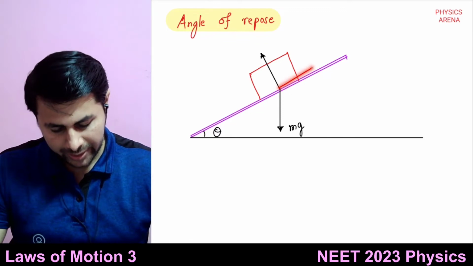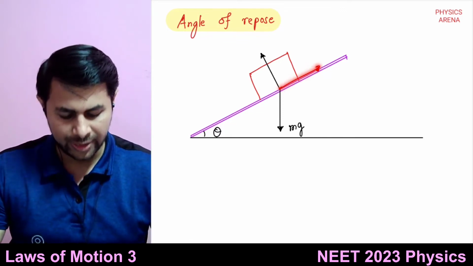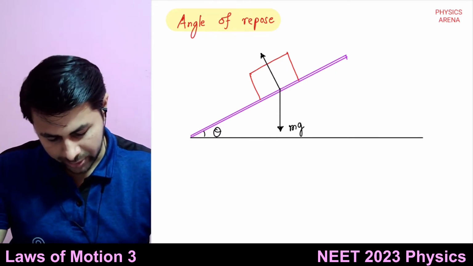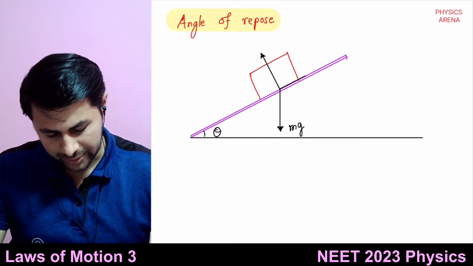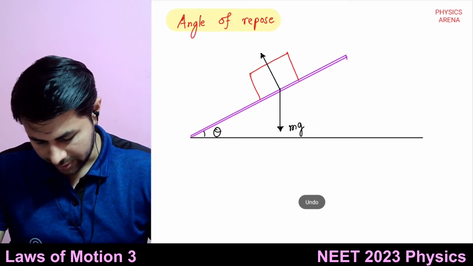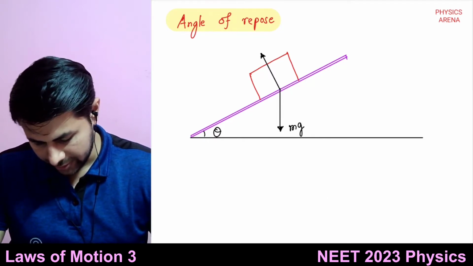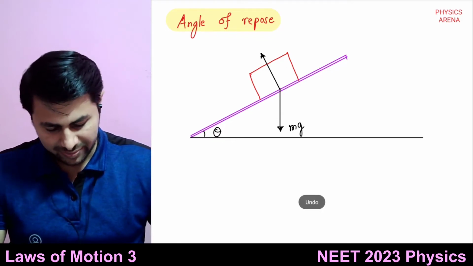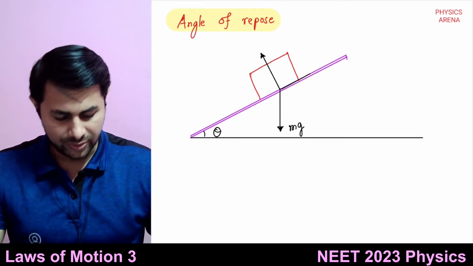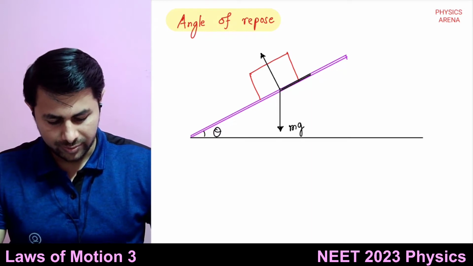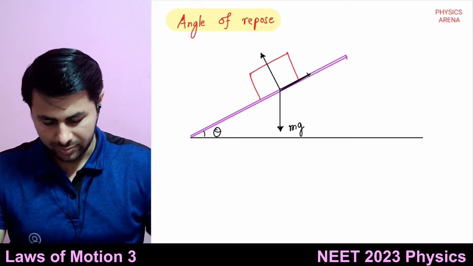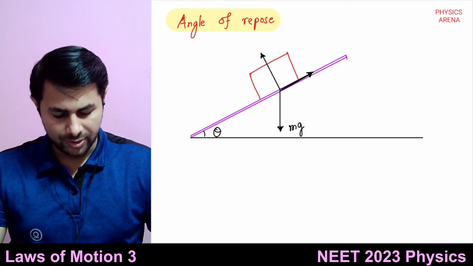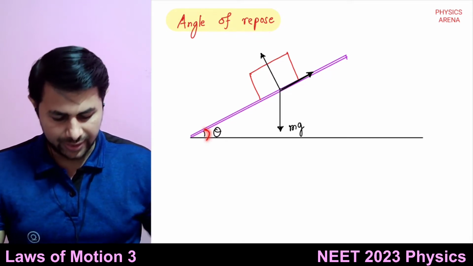So what will be the direction of frictional force? Up the incline. Okay, so frictional force will act like this in this direction. So I will show it with black color only. Okay, so this is frictional force. Right. So I'm saying at this angle, what happens?